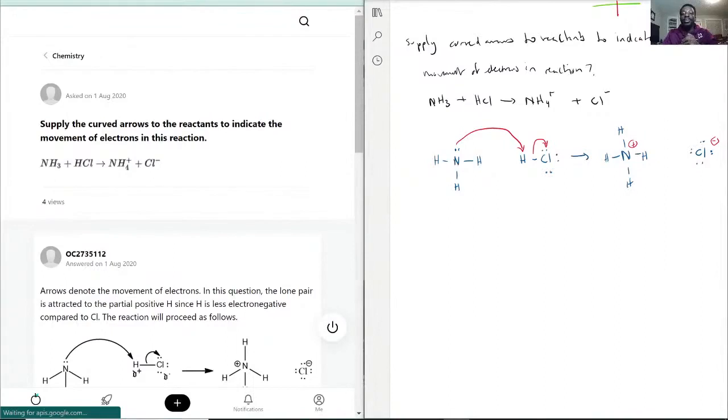Also, nitrogen and hydrogen are considered a type of hydrogen bond. Nitrogen tells hydrogen to ditch the chlorine. Hydrogen does so, and the chlorine's like, okay, whatever, I'll keep the electrons.